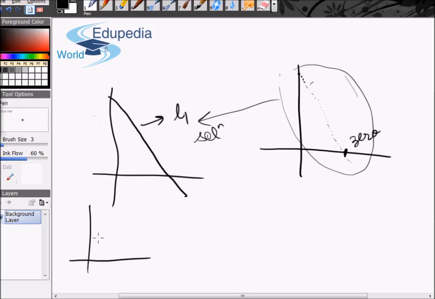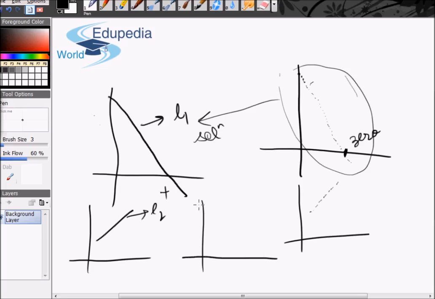Similarly, for a line L2, the location of points can be like this. All these points again are solutions of L2. If we join these two lines on a single graph, then the graph will be like this.